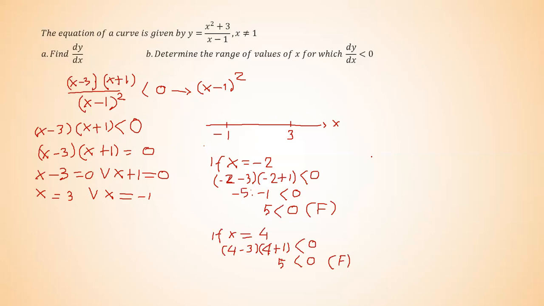How about the area between negative 1 and 3? Let me check. If I take x equals 0, then (0 minus 3) times (0 plus 1) less than 0. Negative 3 times 1, negative 3 less than 0.